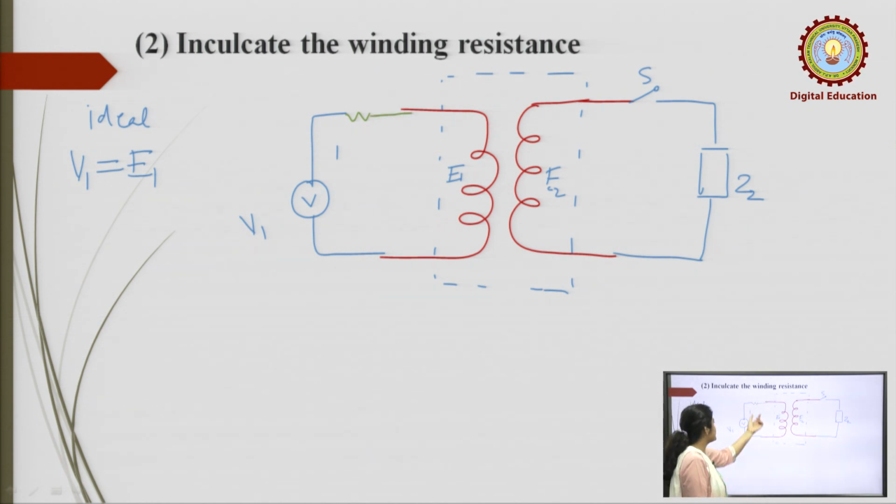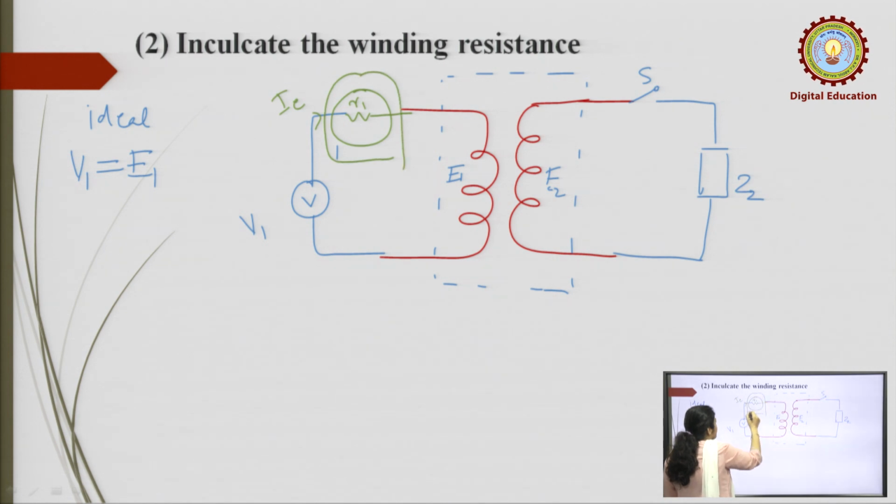Due to this resistance, V1 is not equal to E1. Suppose this is no load, the current will flow and create a voltage drop across R1.